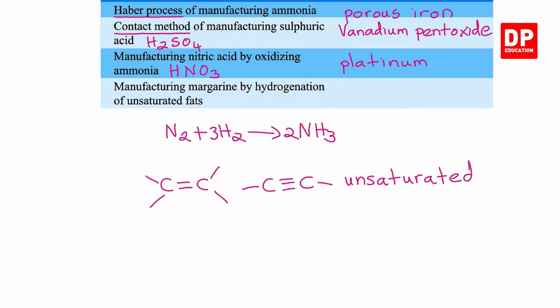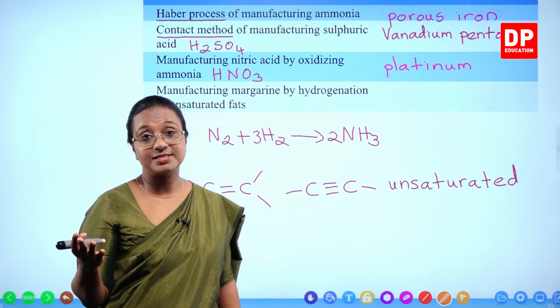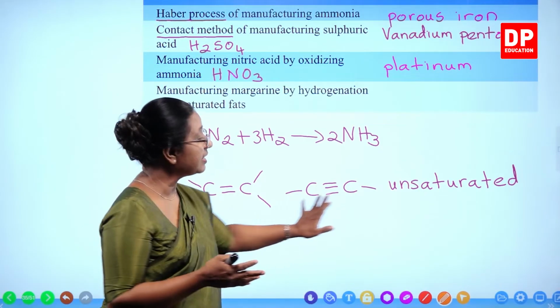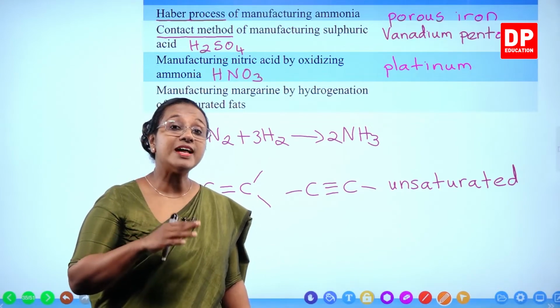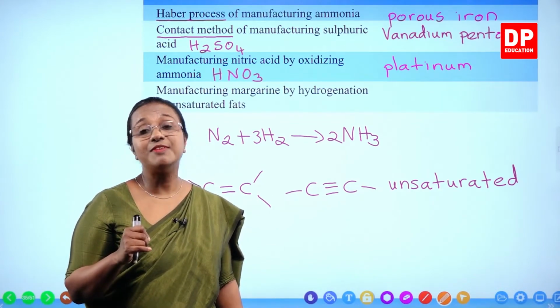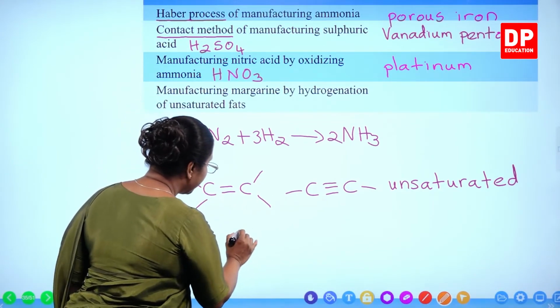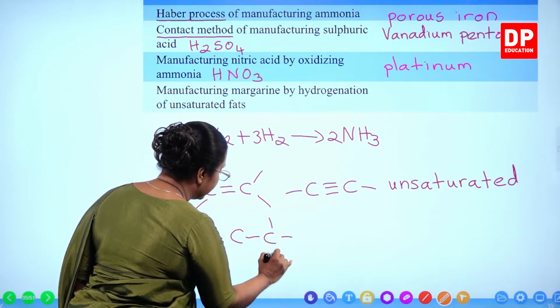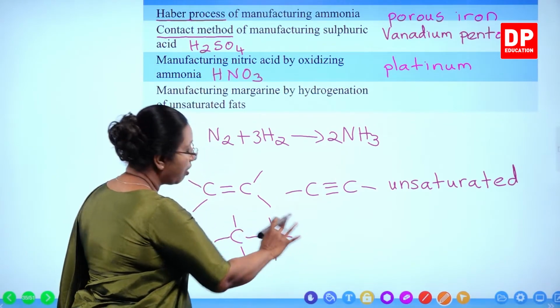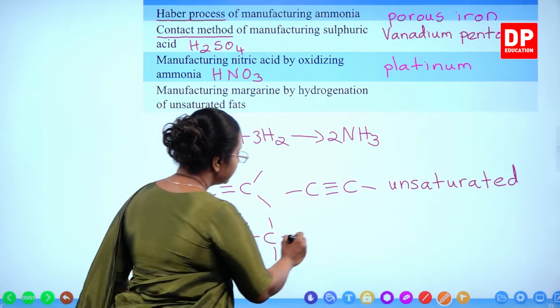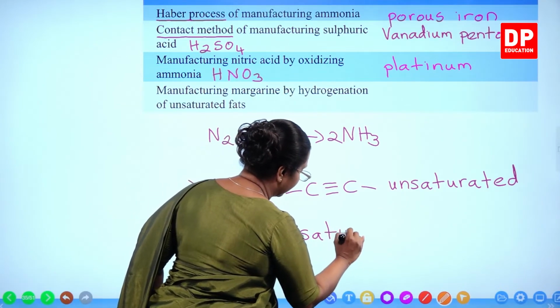We discussed this in your first lesson when we discussed biomolecules. Under lipids, we have fats and oils. Oils are made up of unsaturated fatty acids. Fats are made up of saturated fatty acids. If it is a saturated compound, there will be only single bonds for all the carbons. So, this is saturated. You can remember that.